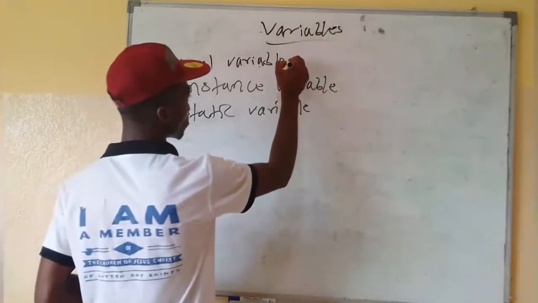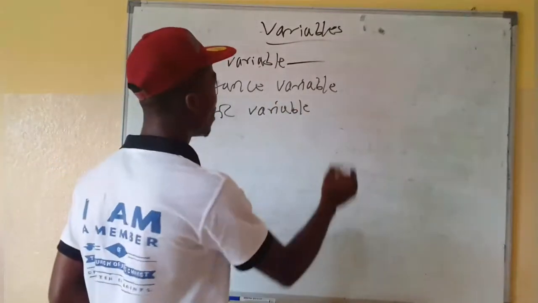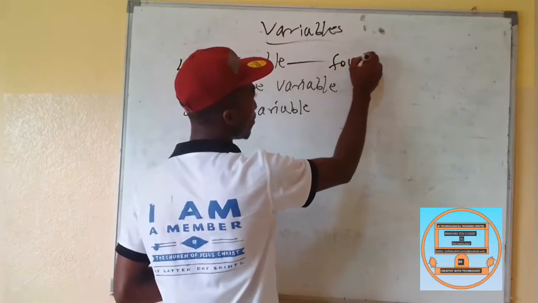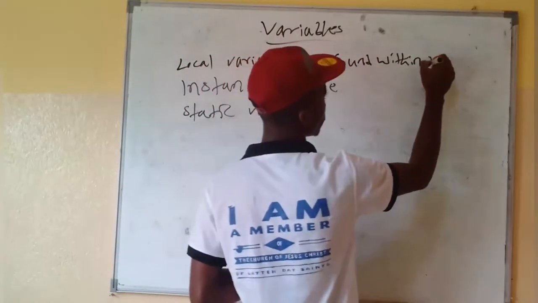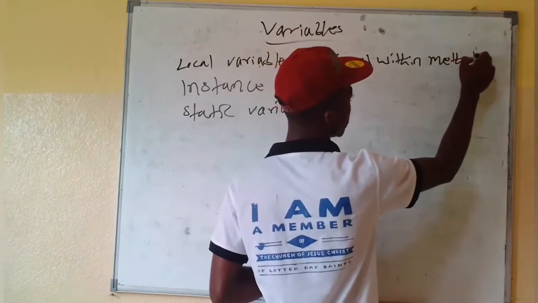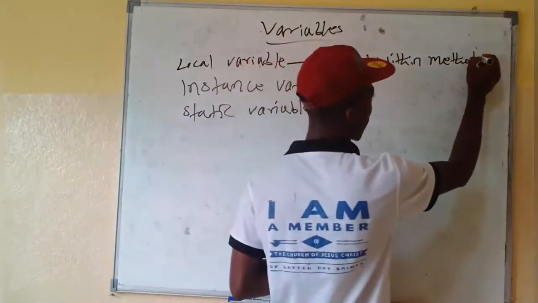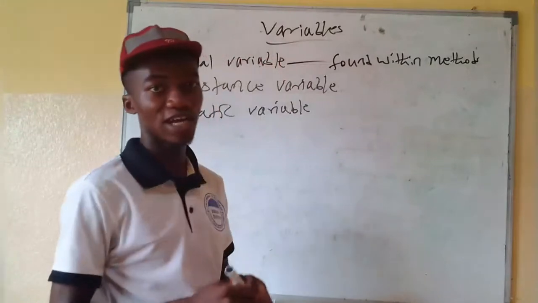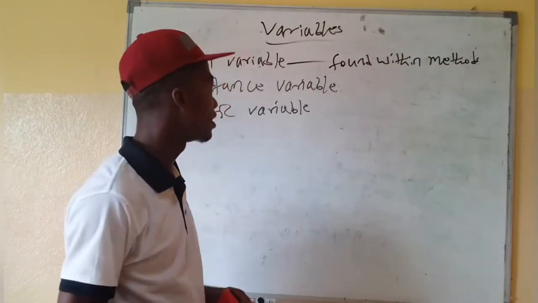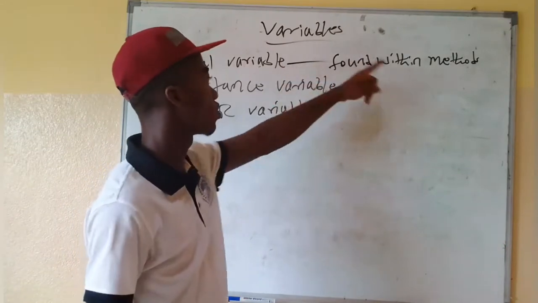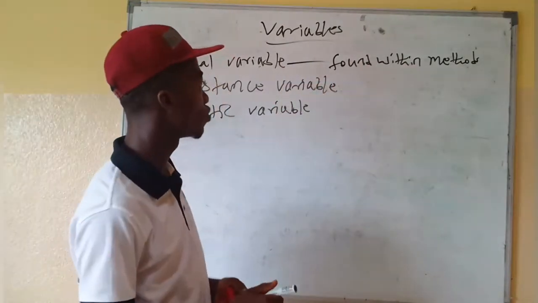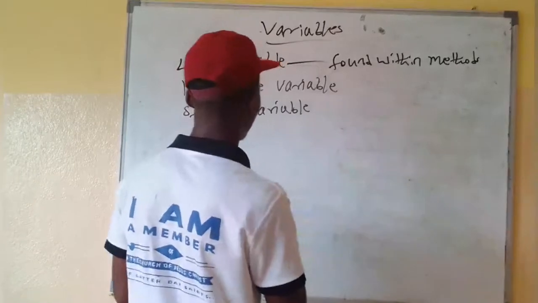I said local variables are found within what? They are found within methods. Be it the main method, or whatever method that you call during the execution of the program, these are referred to as local variables. And local variables, you can have direct access to them.